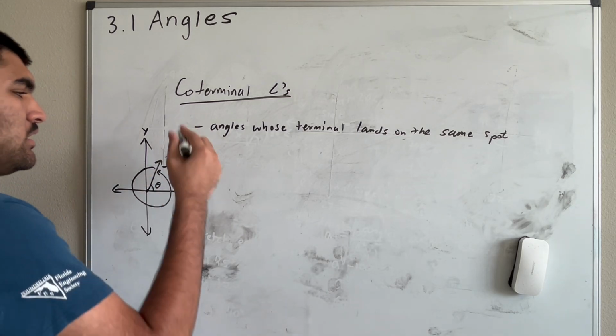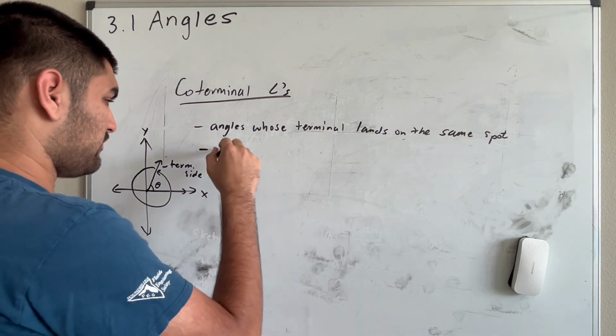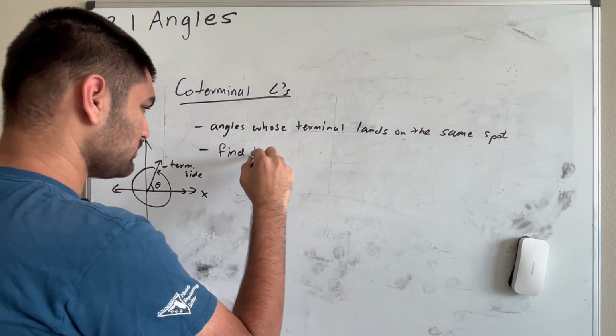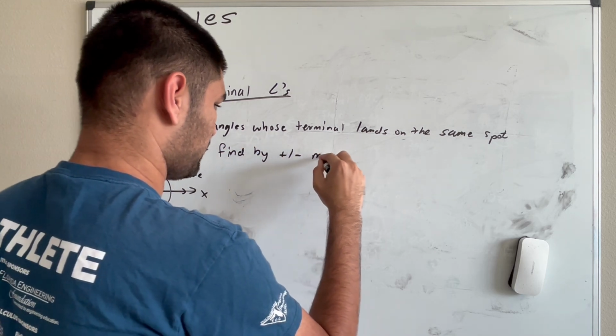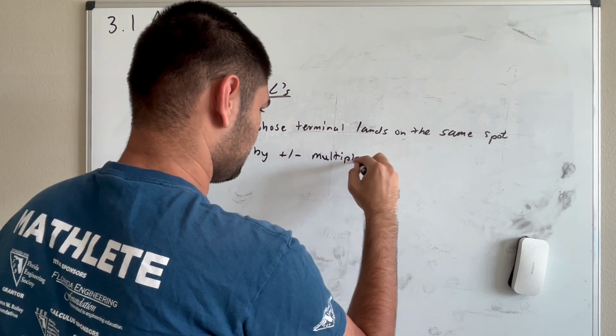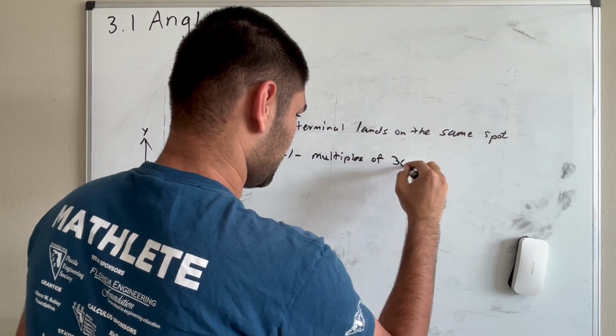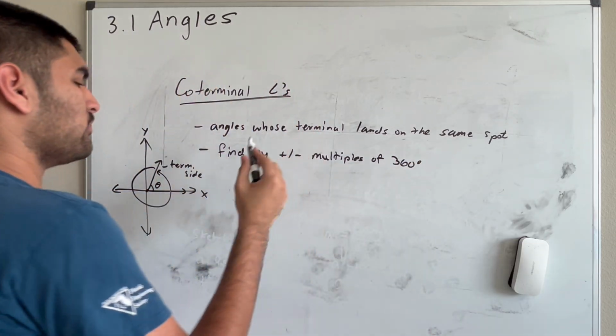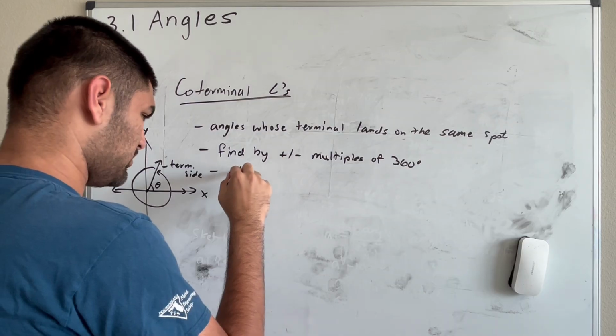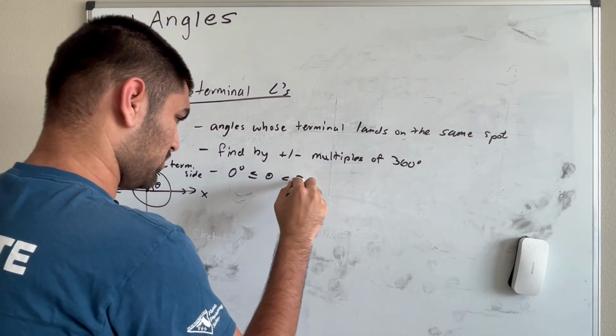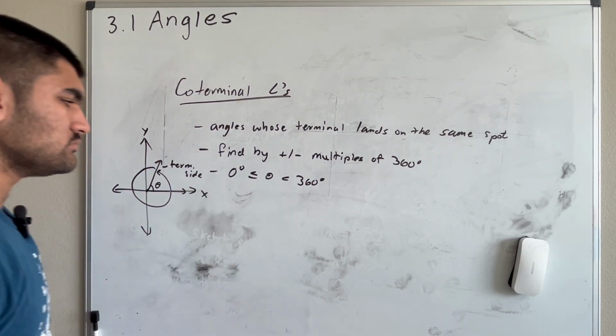The way you find these is you just add or subtract multiples of 360 degrees. And your final angle should always be between 0 degrees and 360 degrees.